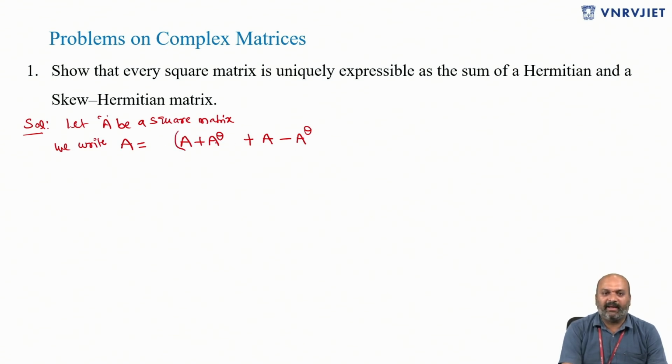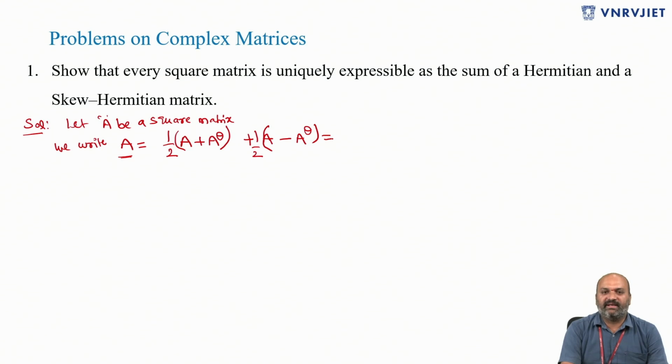Let's do one thing, make it half, 1 by 2, and here also the same, 1 by 2. Now observe: half A plus half A, which is A, plus half A theta minus half A theta gets cancelled. That means a matrix A can be written like this.